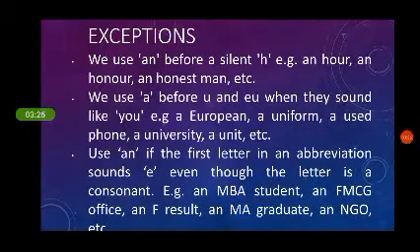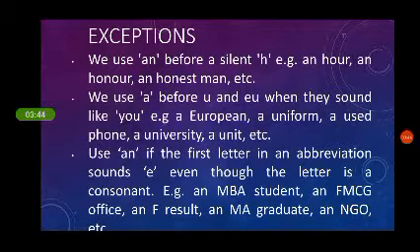We use an if the first letter in an abbreviation sounds like a vowel, even though the letter is a consonant. Take a look at these examples. You will say an MBA student because M sounds like E at the beginning, okay?